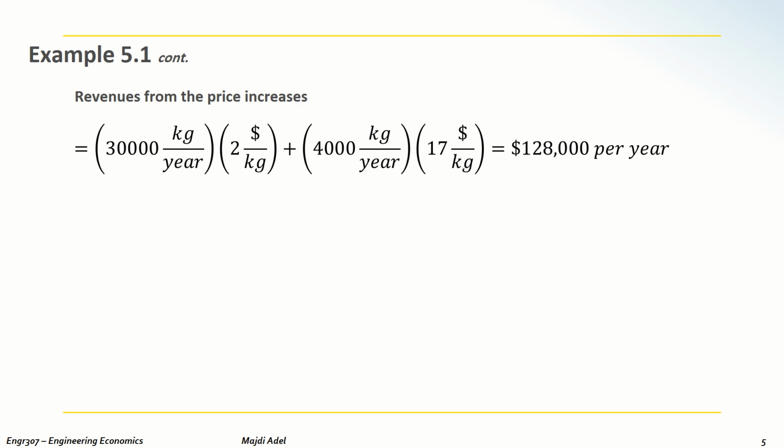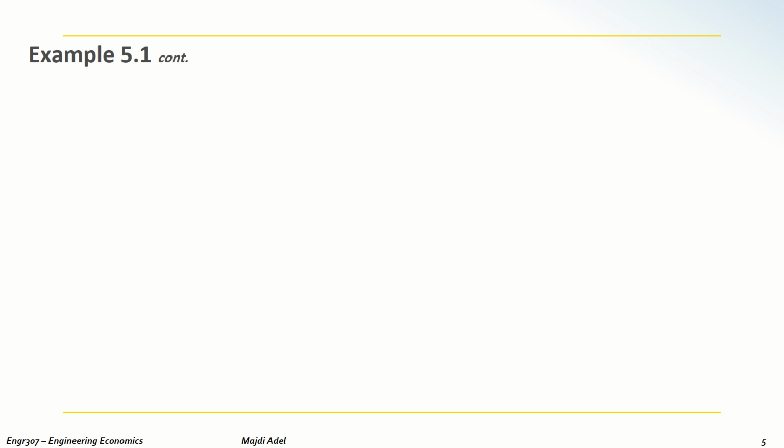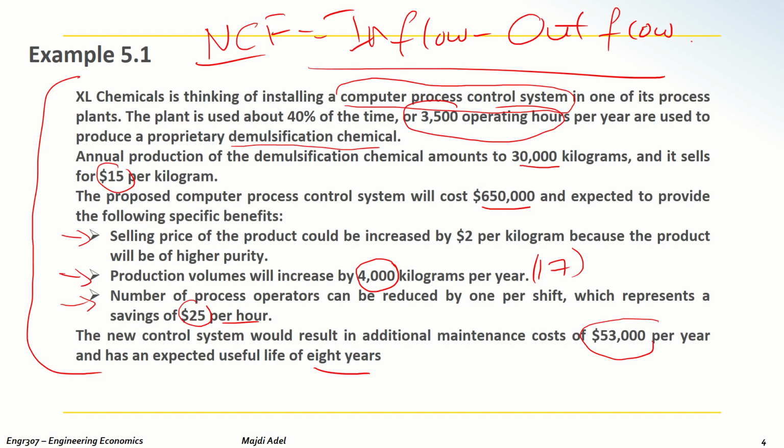First of all, we need to find the revenue. The revenue is coming from three sources. First, the higher purity will generate $2 per kilogram on the 30,000 kilograms, then an extra 4,000 kilograms that will be sold at $17 per kilogram, and the savings from one operator per shift.